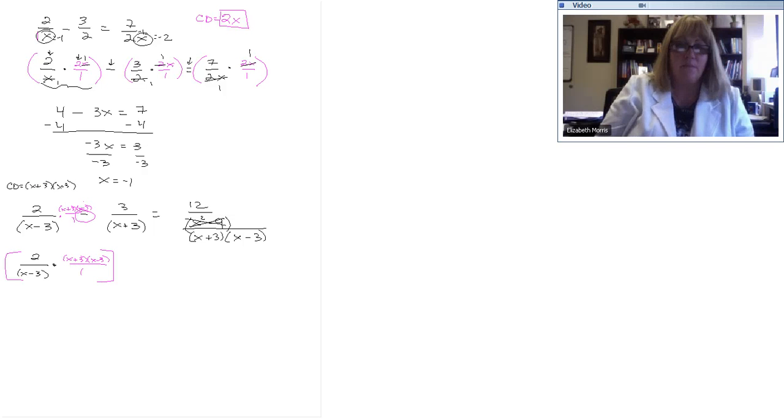Minus 3 over x plus 3, and we're going to multiply this piece by the common denominator, x plus 3, x minus 3. And then the last piece equals 12 over x plus 3, x minus 3, times the common denominator, x plus 3, x minus 3 over 1. Each piece.